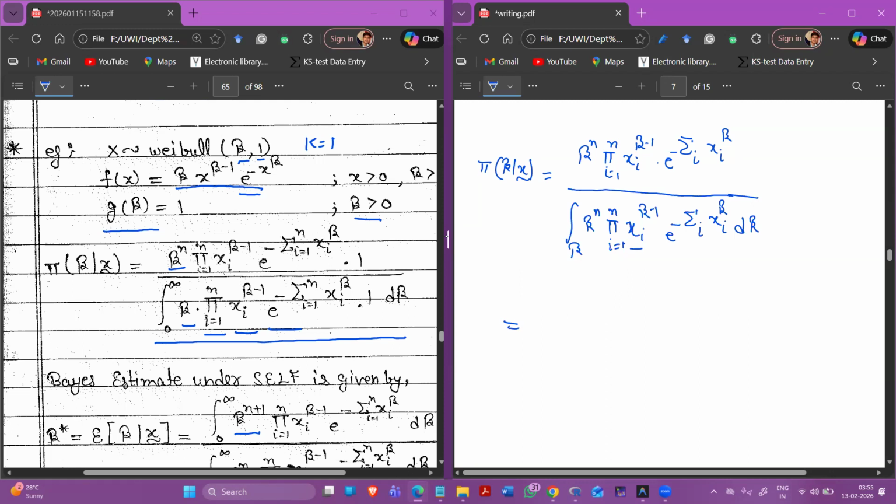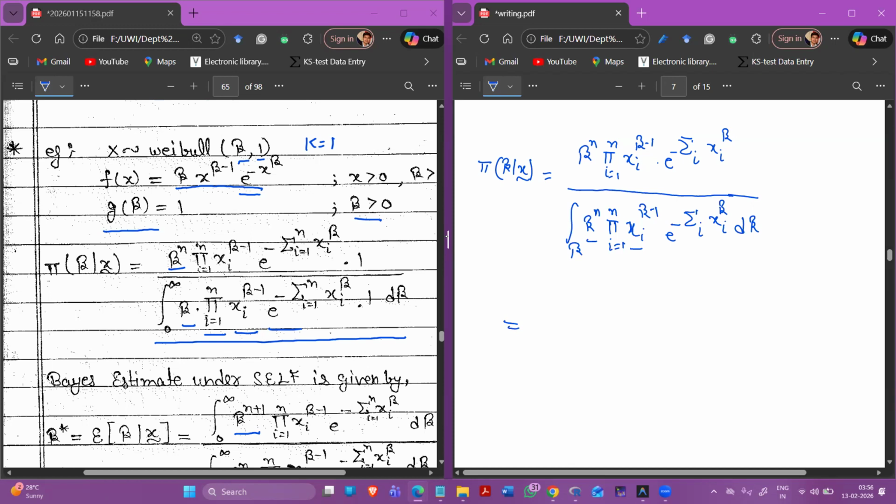When you integrate over the range of beta, and you put some value of beta, what else will be there? Will any variable remain? There are only two variables, x and beta. If I provide you the value of beta and x, it will be a constant value.